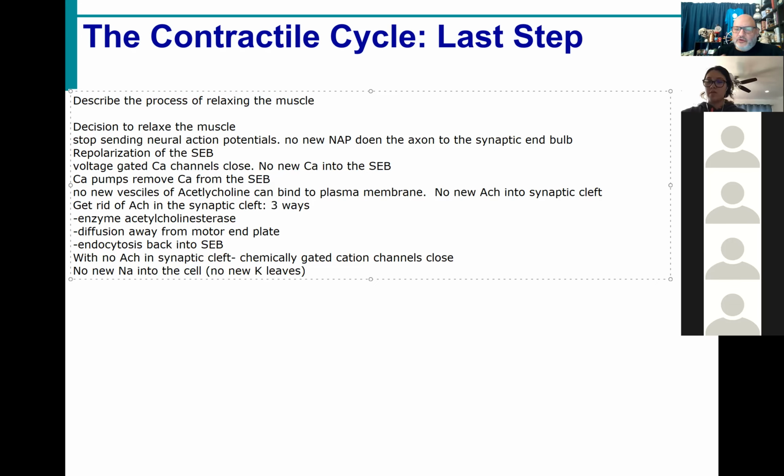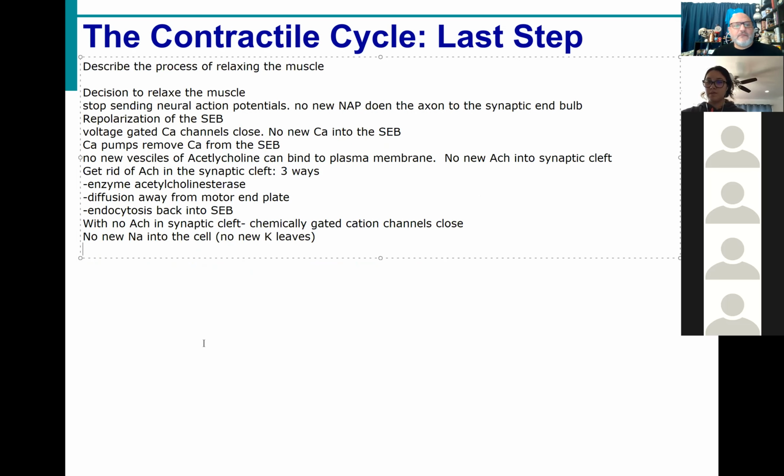No, it was the sodium coming in. So with no new sodium coming in, our motor end plate repolarizes. And when it repolarizes, what happens? It drops below the threshold and there's no action potential produced.